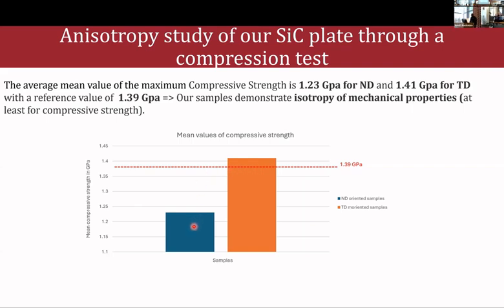For some samples following the normal direction, we had values even above 1.4, and we also had values really low, around 1 gigapascal. That's why I said maybe I didn't present the result well.